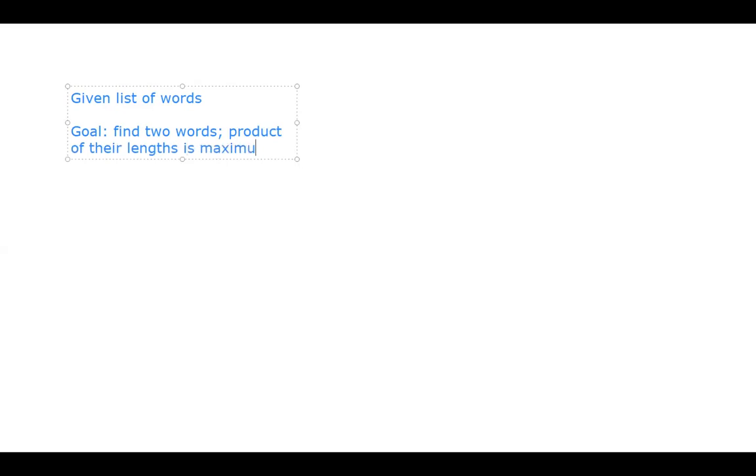Yes. Okay, so the second question is that you're given a list of words, and your goal is to find two words in that set such that the product of their lengths is maximum amongst the different words that are given.